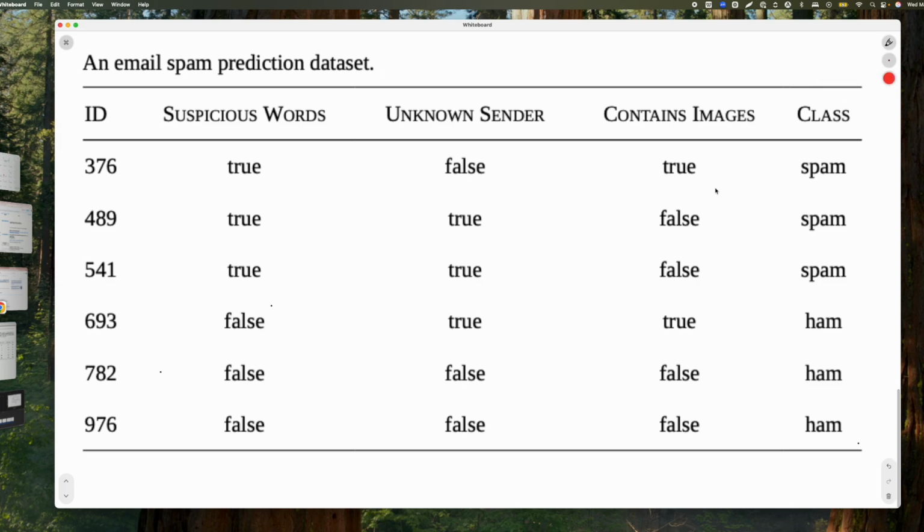So my question is, which one do you think is the target feature? So the target feature is class. This is what we want to predict, if it's a spam or a ham. So spam emails should be avoided or deleted. Ham is what we want. So these are what we call the descriptive features.